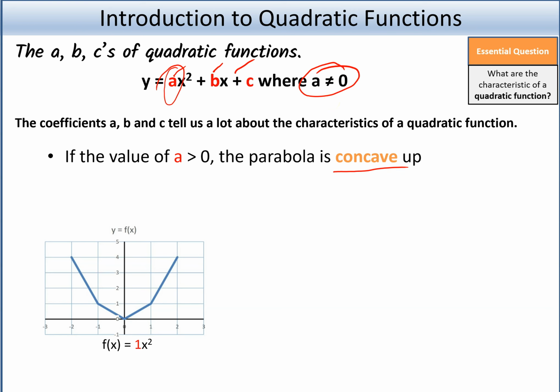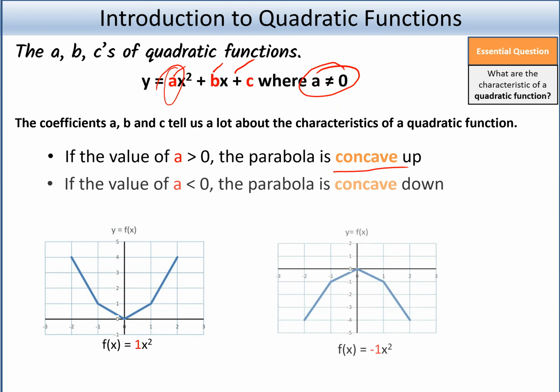If it's less than 0, we're concave down. Remember, even x squared has a coefficient of 1, and the opposite of x squared has a coefficient of -1. So we have concave up and we have concave down. We know that because of the sign of the coefficient a.